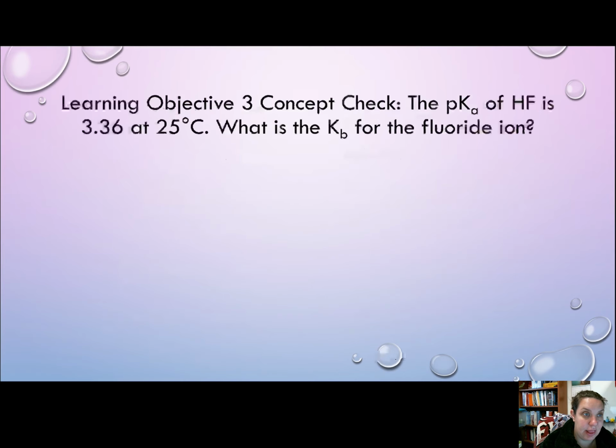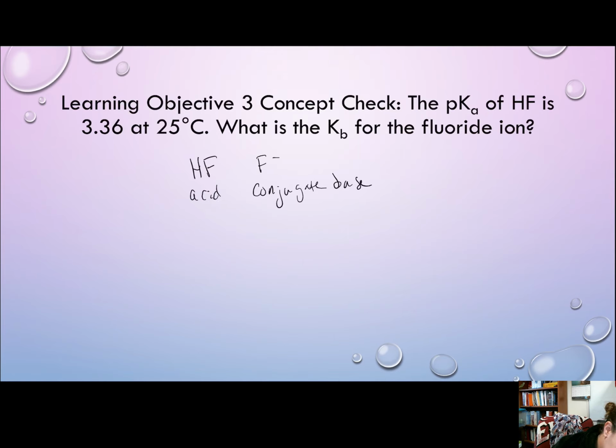Okay. So let's try this out. We want to take the pKa of HF at 3.36 and determine what our Kb for our fluoride ion is. So HF is an acid, and then F minus is its conjugate base.